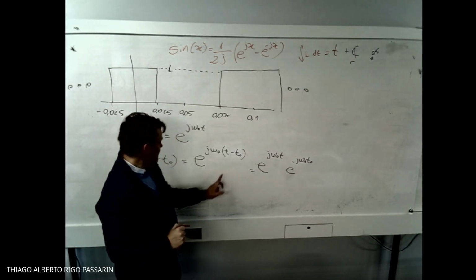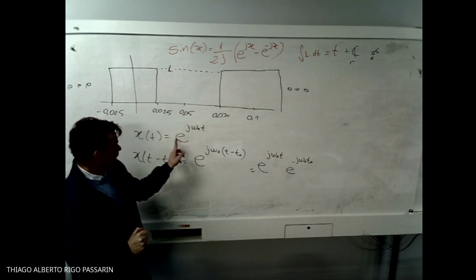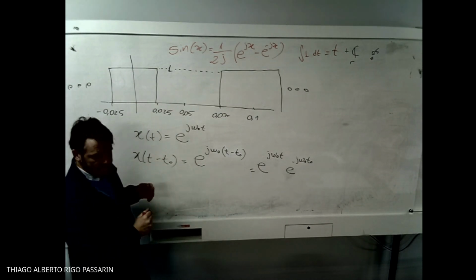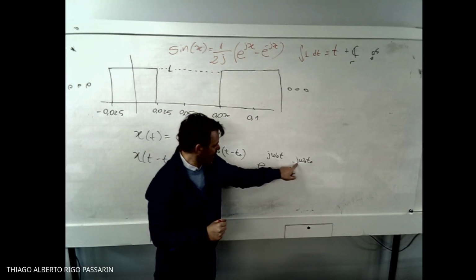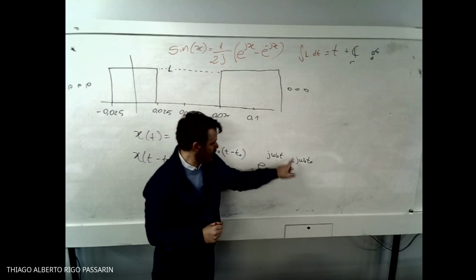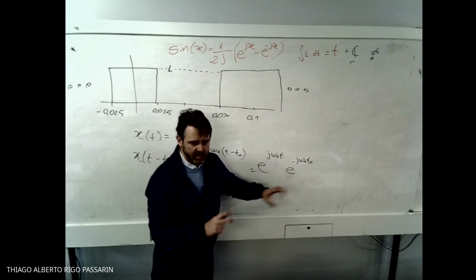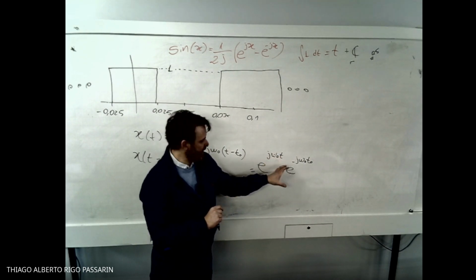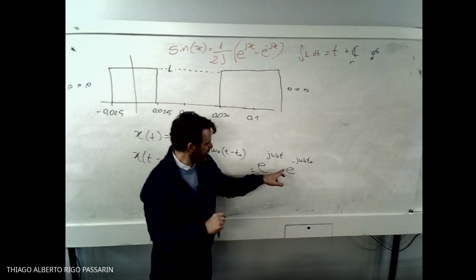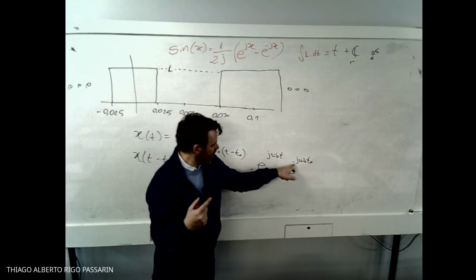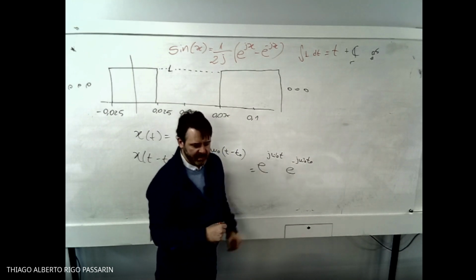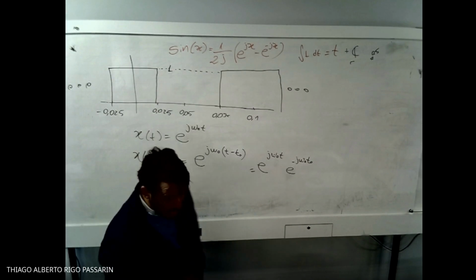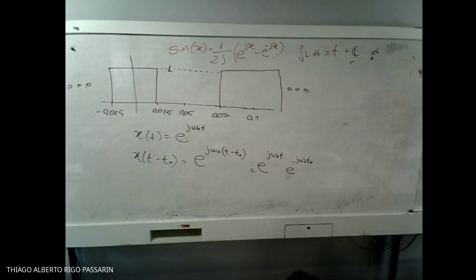So this is an eigenfunction for this operation of time shift. You just multiply it by e to the minus j omega 0 t0. This will give you a complex number with magnitude 1 and with a phase. The phase will be larger when t0 is larger, also when omega 0 is larger. So we can create a phased version of this signal.